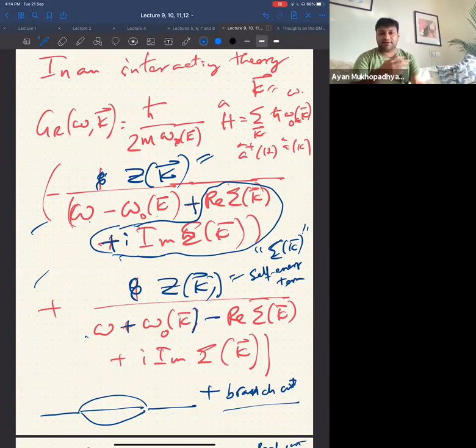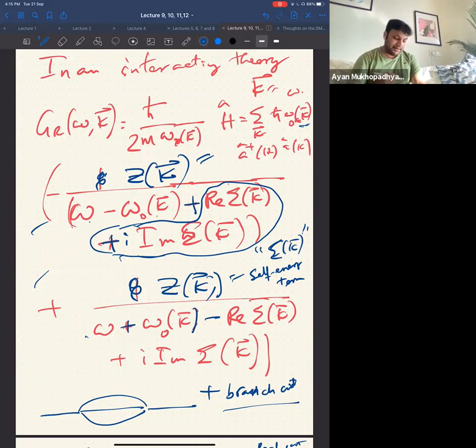So I'm just now making a transition from a free theory to an interacting theory. What we will see in quantum field theory is also true in quantum mechanics. In quantum mechanics there is only one K, there is no K label, but suppose you add an x to the power 4 term in the potential, right? You will get exactly the same structure, except that there is no K label.